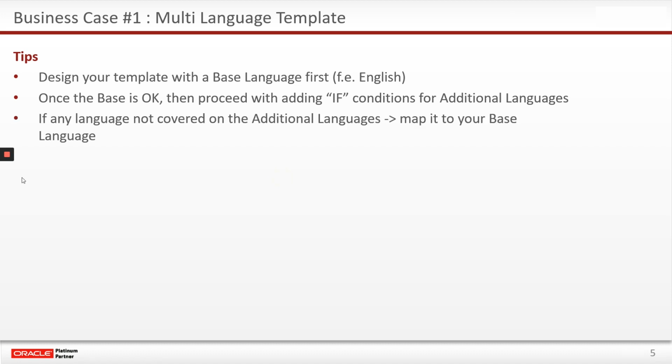And finally, if any language is not covered in the additional languages, we will map it to the base language. Let's see an example by using the BI Publisher desktop for Microsoft Word and see how to do that.